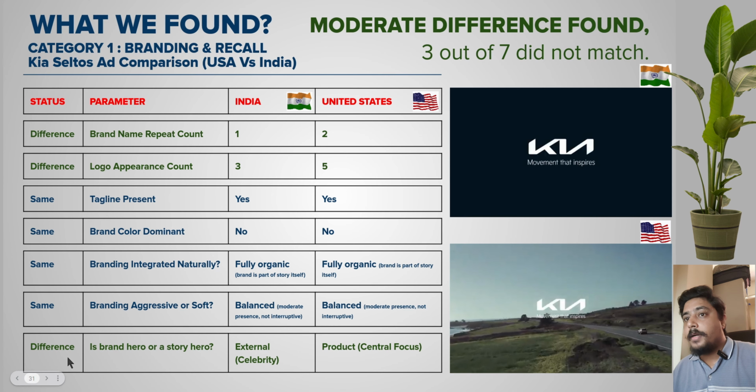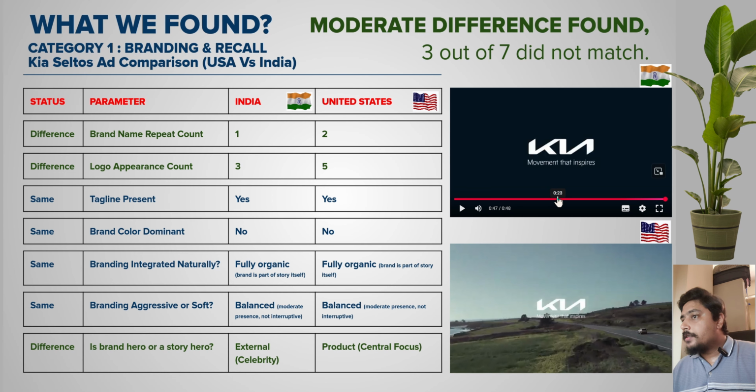The next parameter we have is brand as hero or story hero in the advertisement. In the Indian scenario, an external person or celebrity is the hero of the advertisement, but in the United States, the product is the hero. How we came to this conclusion is, when we see the overall ad, there was almost a 50-50 or 60-40 focus on the celebrity during the ad.